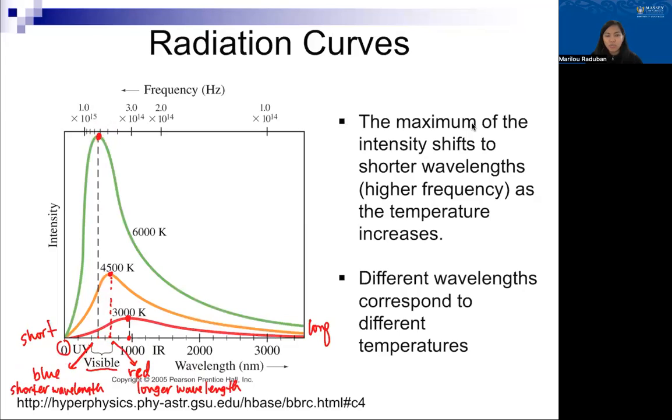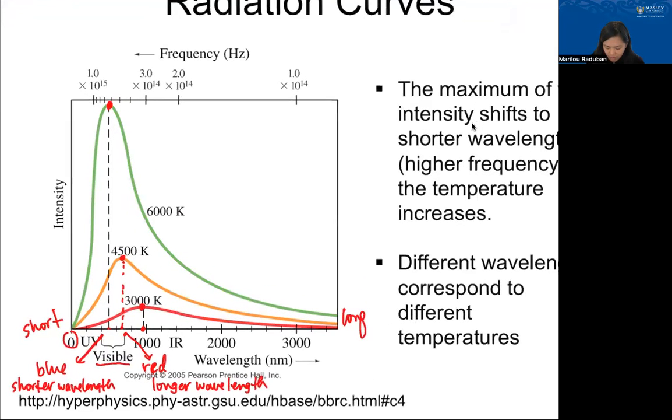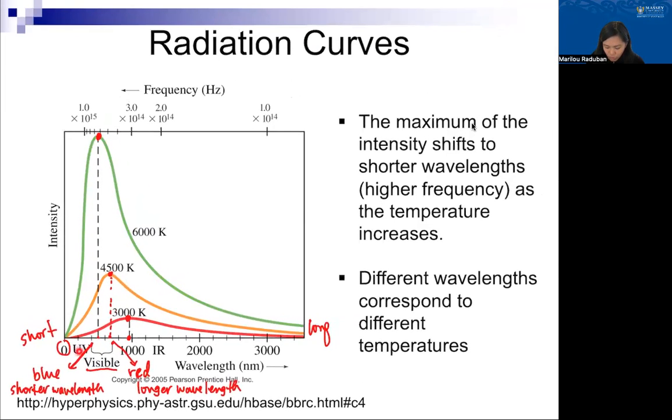Okay, so that's the basic concept behind radiation curves. From the radiation curves, we can observe two things. The higher the temperature is, the more radiation is emitted. And the shorter the wavelength is, the more radiation is emitted.